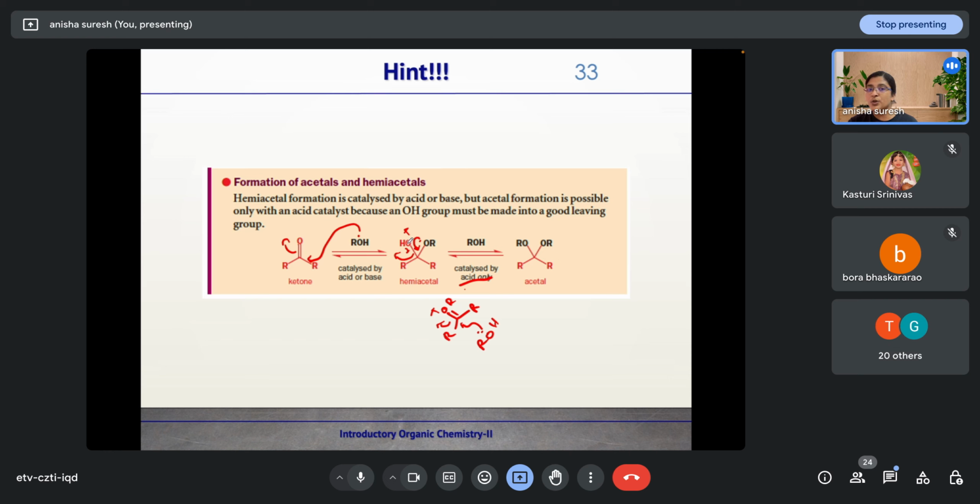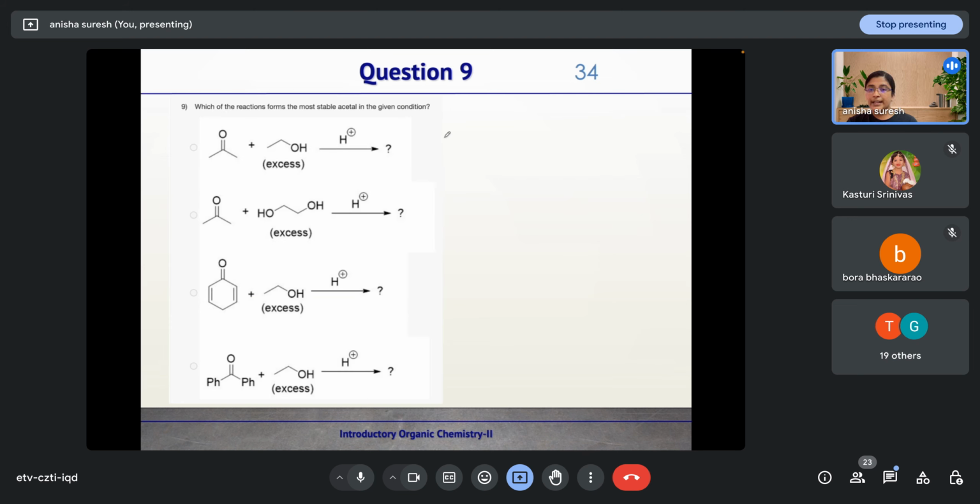We know OH is not a good leaving group. So for making it a good leaving group, like water, it can take place only in the presence of acid. So the right answer is option B, where a cyclic acetal formation is taking place.